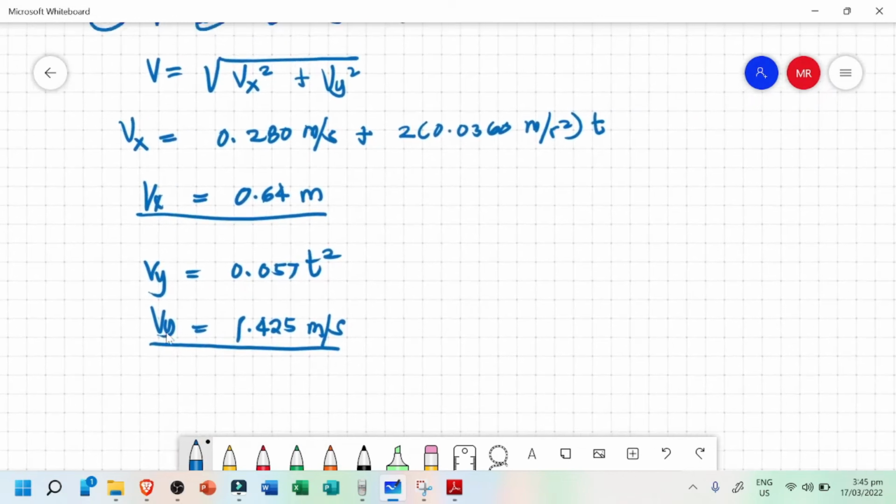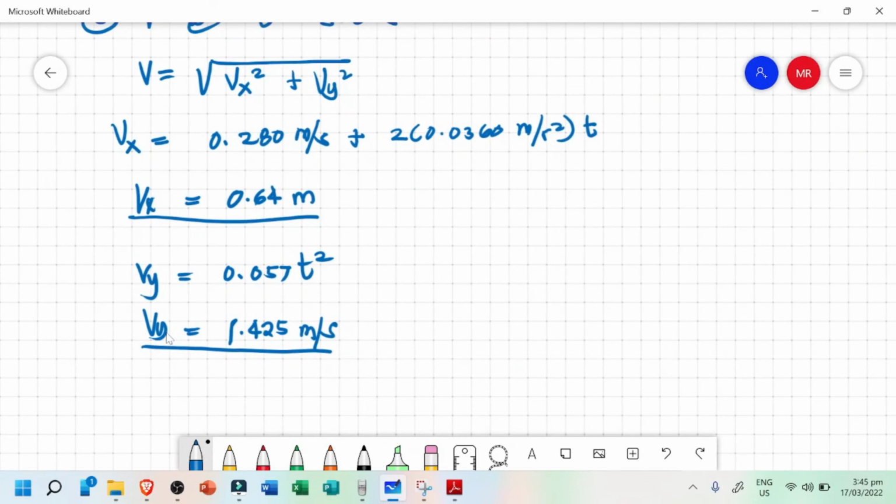So for us to get the velocity of the squirrel, V is equal to the square root of Vx squared plus Vy squared. Let's just substitute this into our calculator.